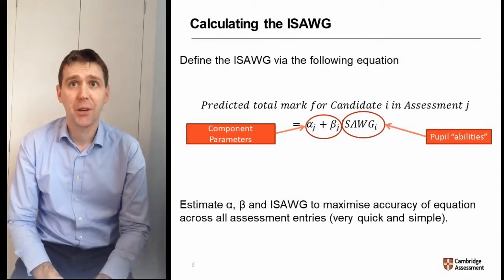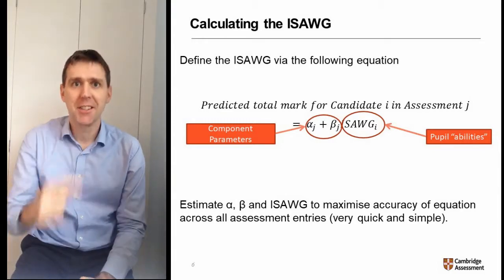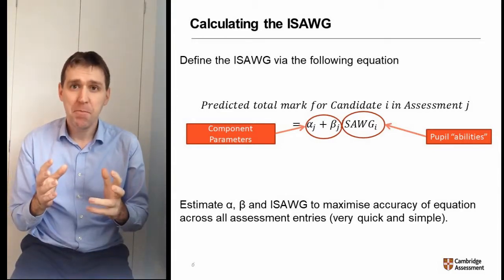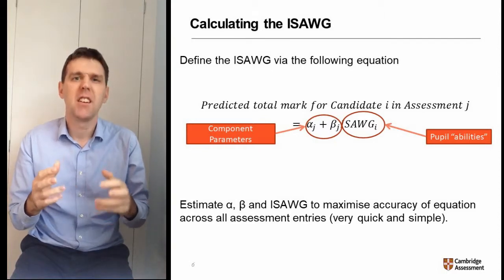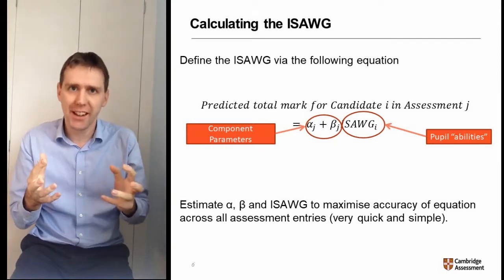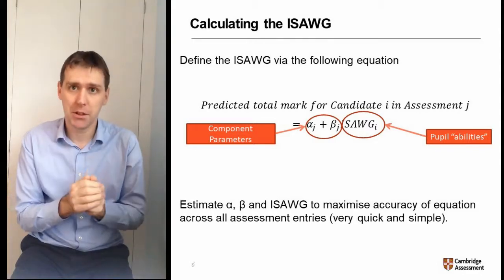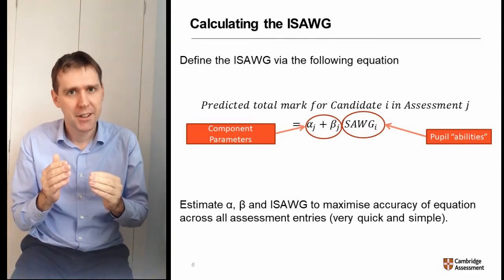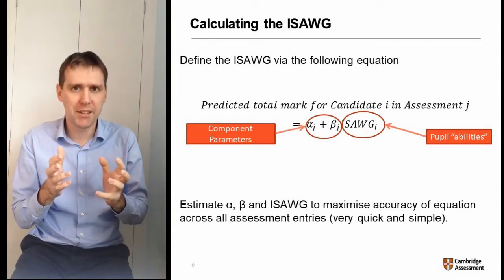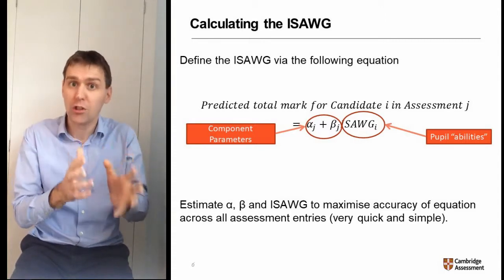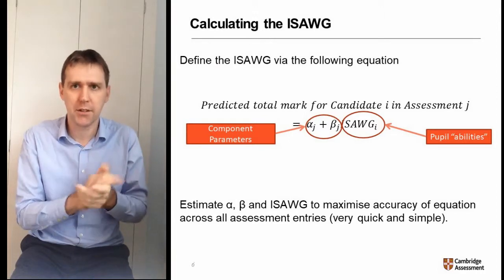So the equation to calculate the ISORG is on this slide. The idea is that we assign one number to each student, the ISORG, essentially estimating how clever they are. Then we have two parameters for each assessment, showing the link between this overall measure of ability and scores on each individual test.